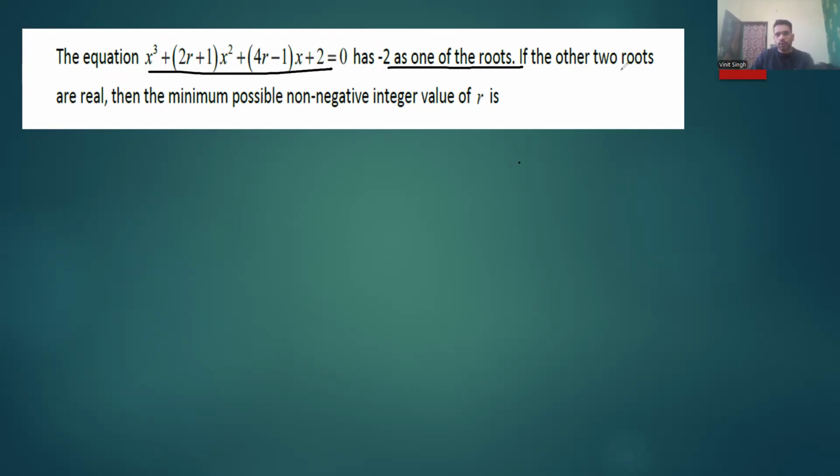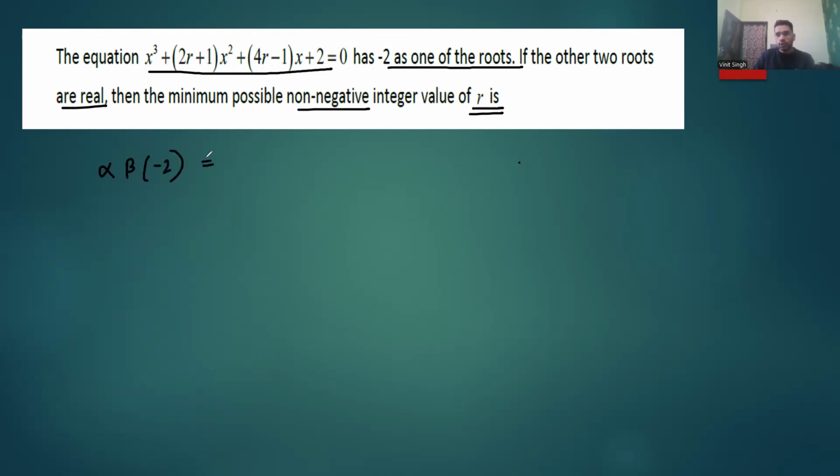If the other two roots are real, then find the minimum possible non-integer value of r. So minus 2 is one of the roots, so we can write alpha and beta as the other roots, and minus 2.